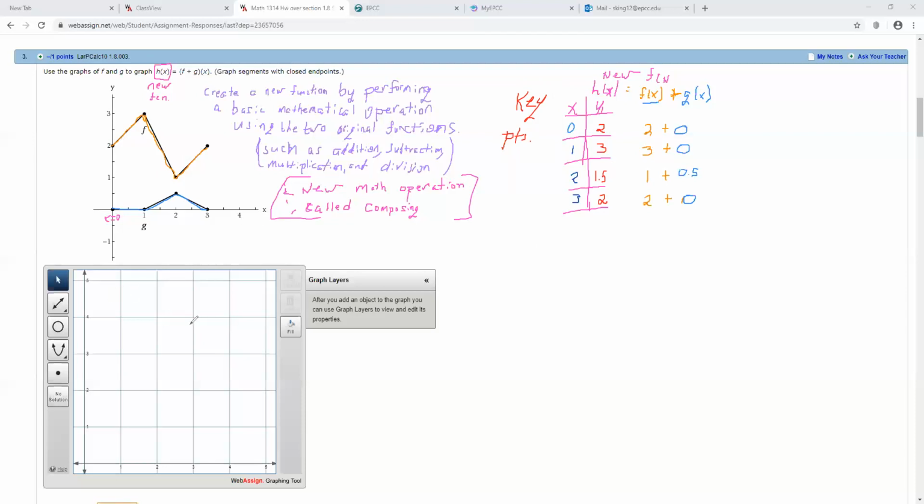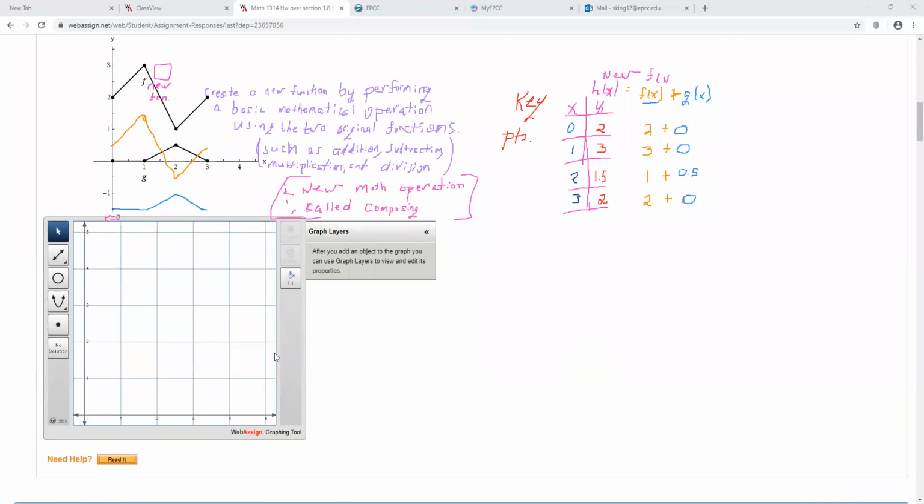So we come down to the graph. And we know, let's see, how are we going to do this? I don't do this often enough, but I think we're going to have little line segments again, and we're going to have pieces. So I would imagine we use this tool instead of one of these other two.